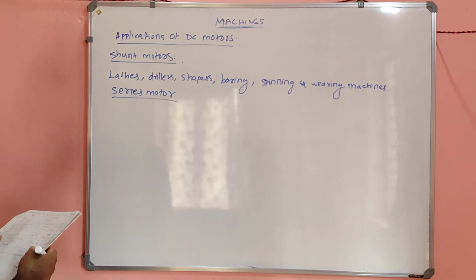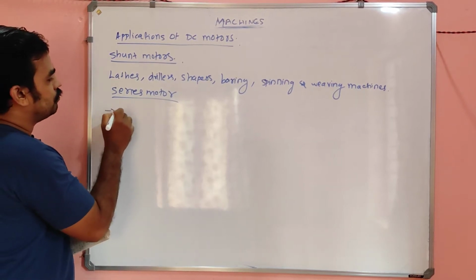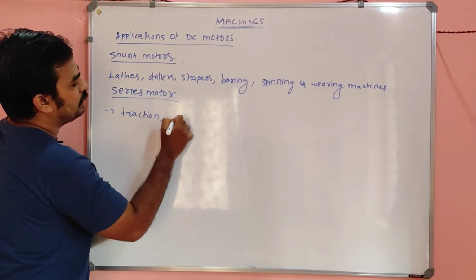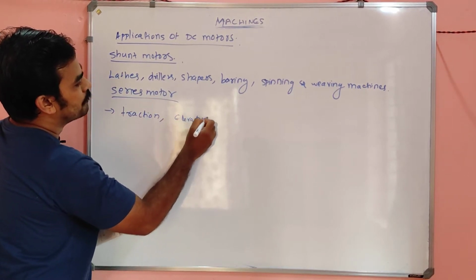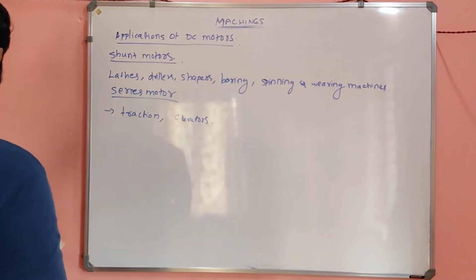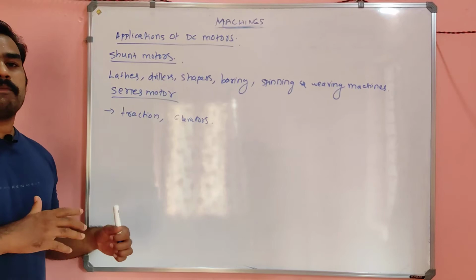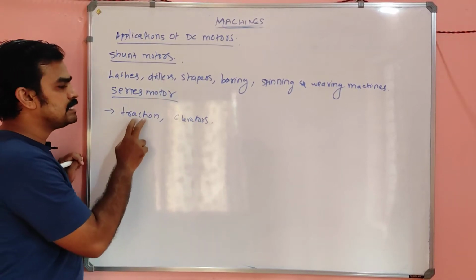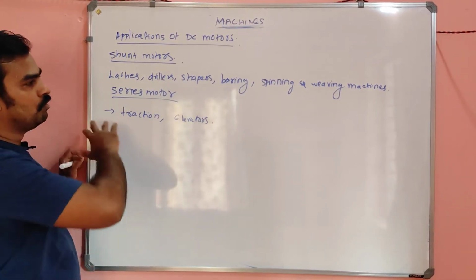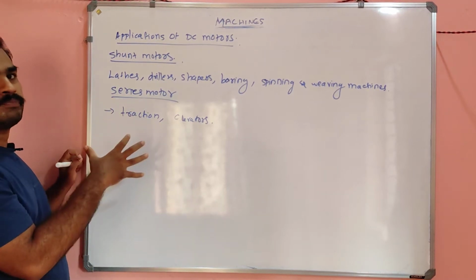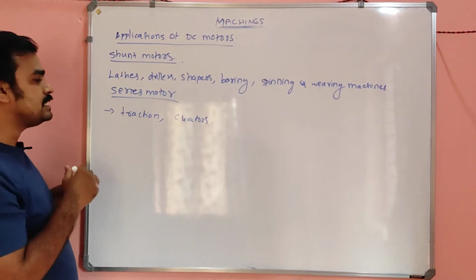The applications, as I already told you, are traction and elevators. Traction and elevators, where you need, why are we using this in traction and elevators? Not only for the variable speed, but also due to high starting torque.